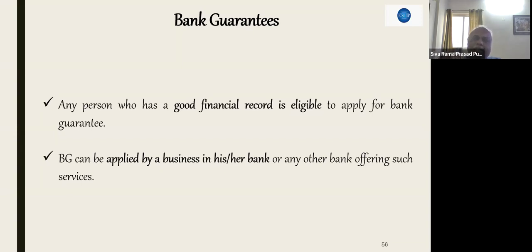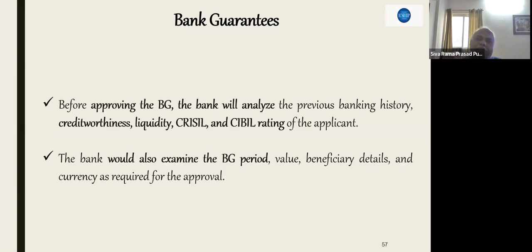Normally, the company takes the bank guarantee from some XYZ bank or ABC bank, and in certain cases, they will approach other banks also. Before approving the bank guarantee, the bank will analyze the previous banking history, creditworthiness, liquidity of the company, CRISIL rating, and CIBIL rating of the applicant. These are also very much required.